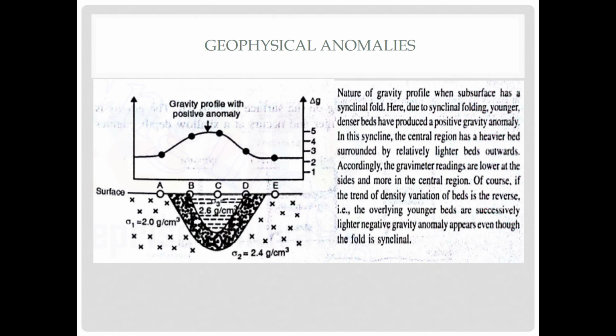So in here, we have the nature of the gravity profile when the subsurface has a synclinal fold. So it is evident that here we have a synclinal shape. Okay. So normally a synclinal shape is in the form of a convex curve underneath.